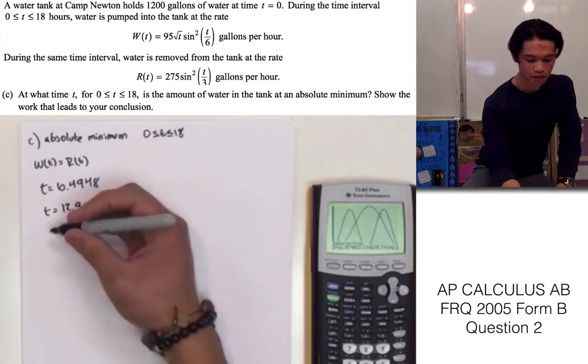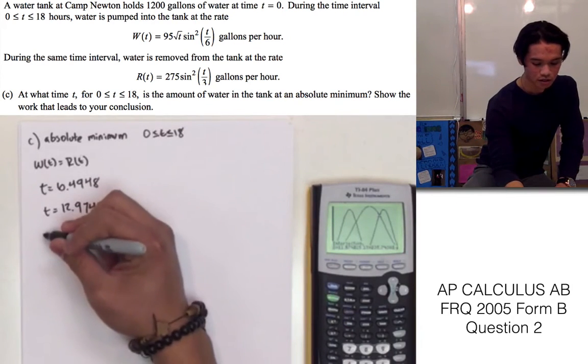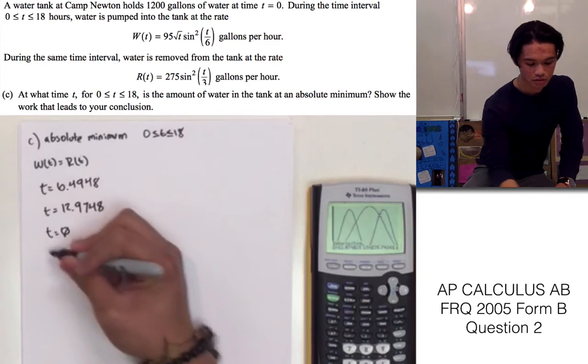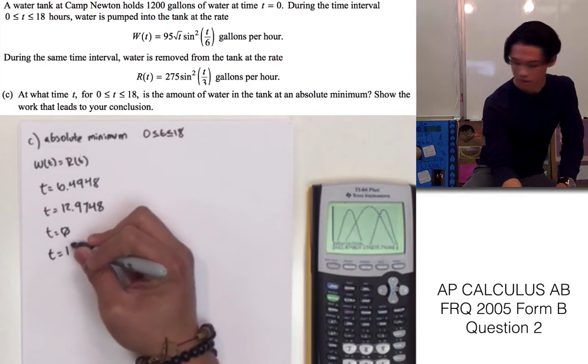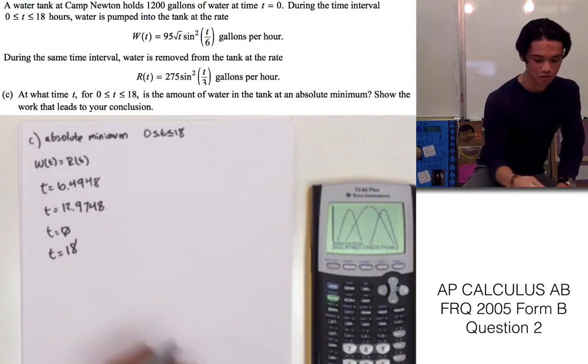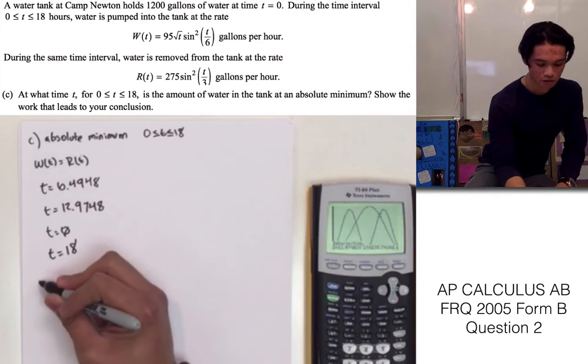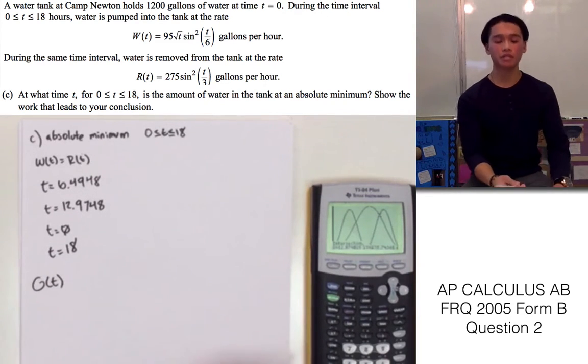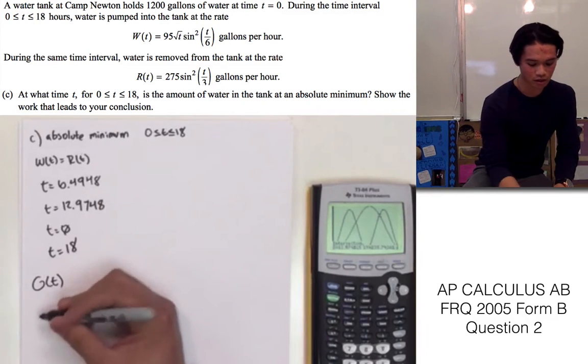the absolute minimum. So we'll have to find the value for t equals 0 and t equals 18. So for this, we're going to be using our function g of t, representing the amount of water in the tank at any given time.